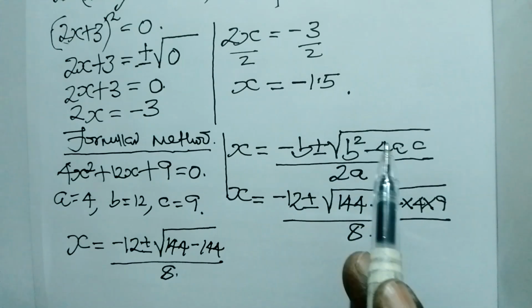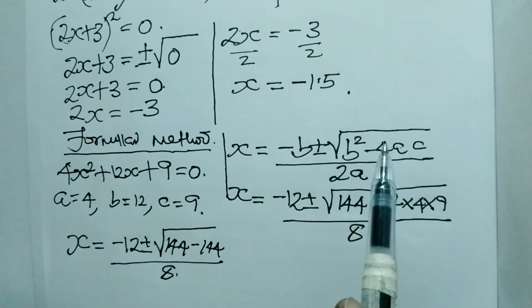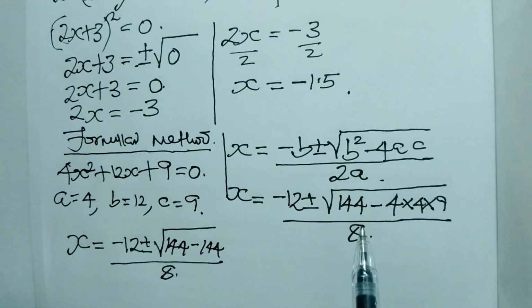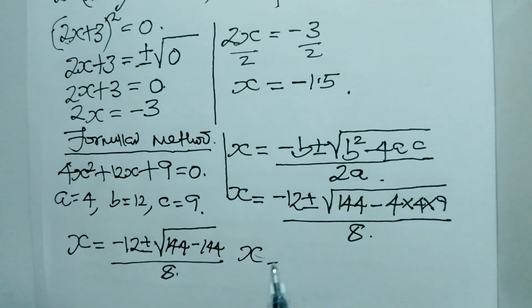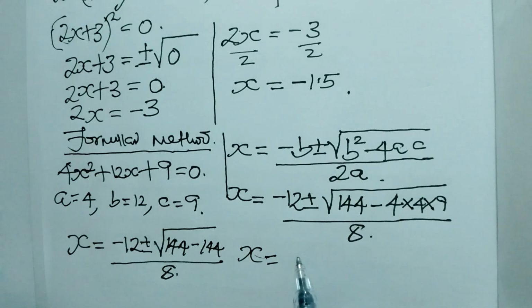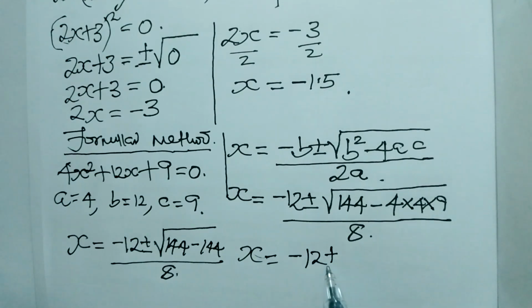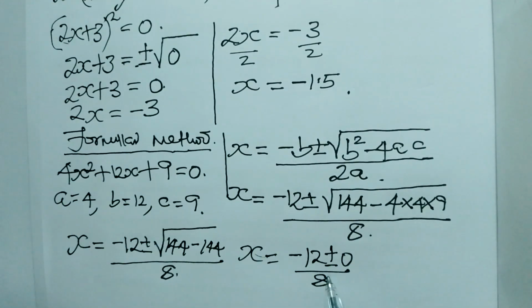Now, attesting to the fact that this is a perfect square, we are going to have x equal to negative 12 plus or minus 0 over 8.